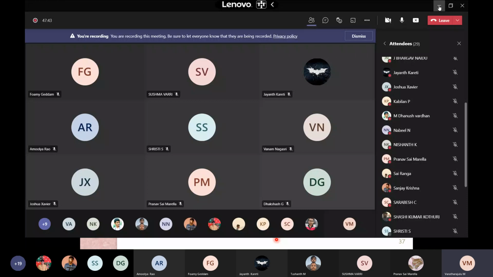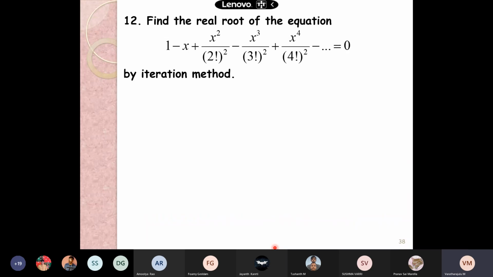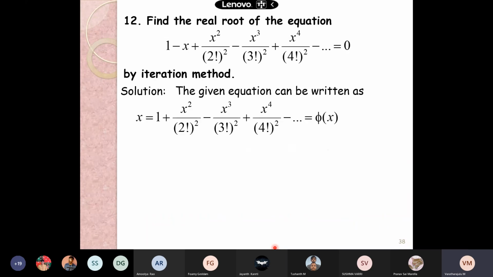Okay, shall we continue the bisection method? Slides are visible, Amalia? Yes, sir, they're visible.